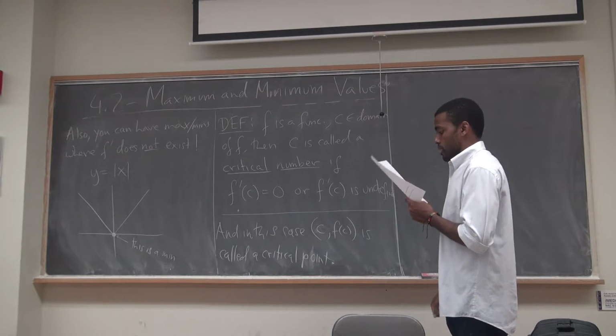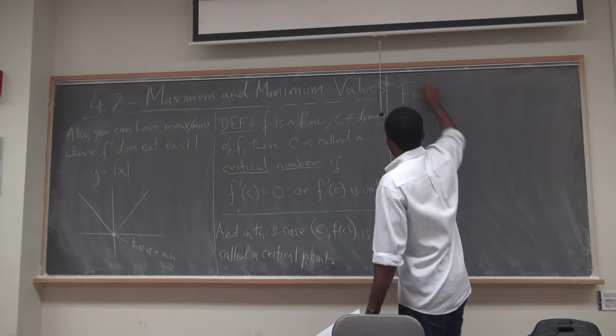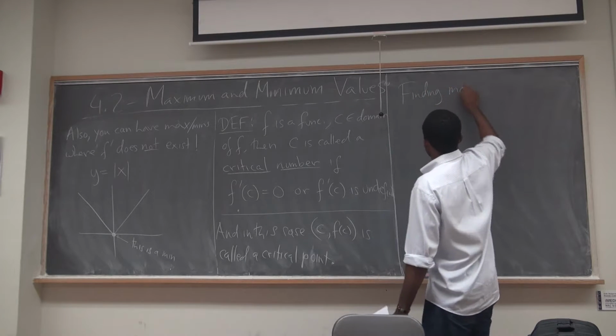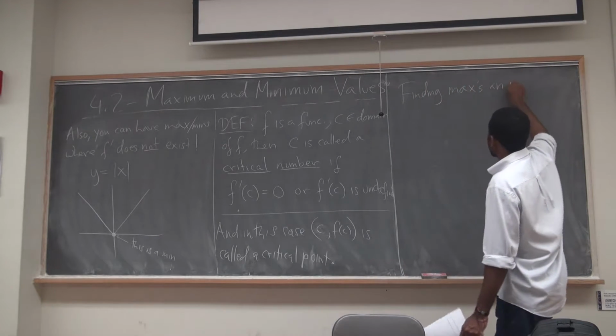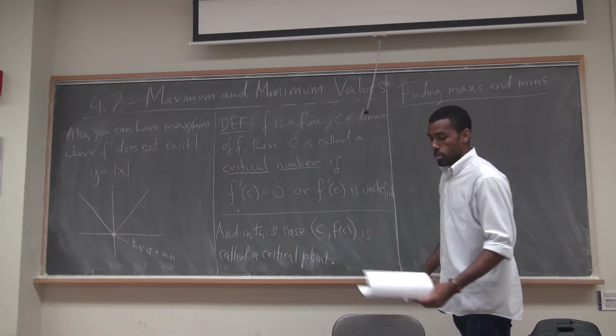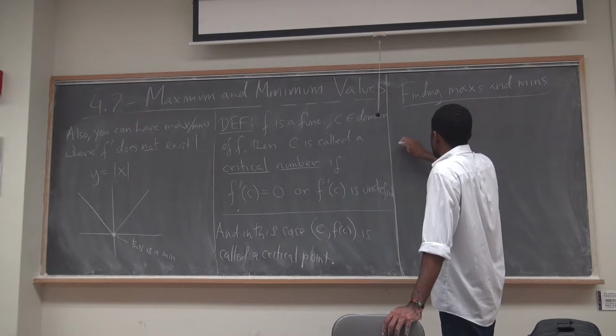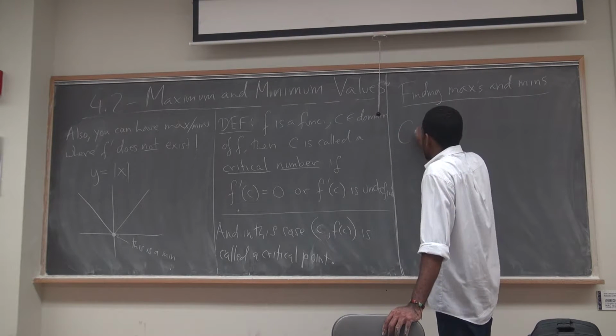Okay. So now we know what they are. Let's talk about defining them. So there's something for absolute maximums and minimums. This is called the closed interval method.